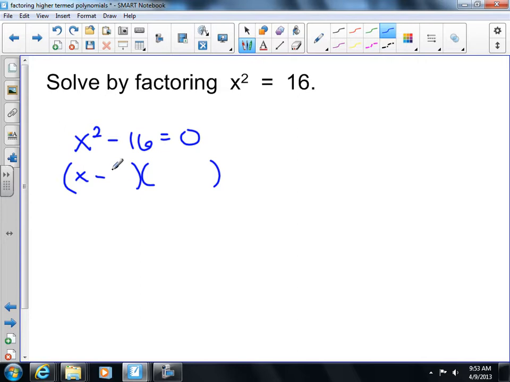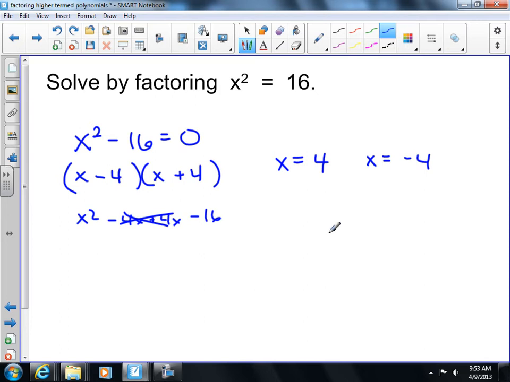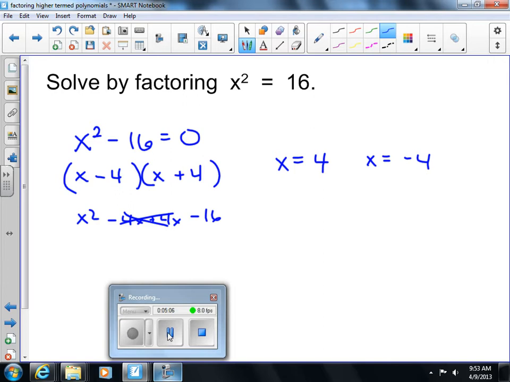So one's going to be a minus 4 and a plus 4, because that's x squared minus 4x plus 4x minus 16. Does that work? Yes. So then x is going to be equal to either 4 or negative 4. And you have just solved then that quadratic. And you've done so by factoring.